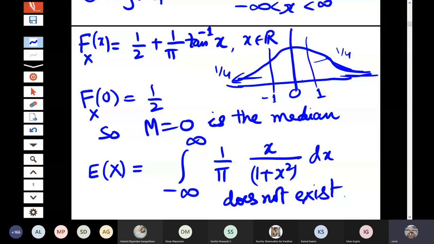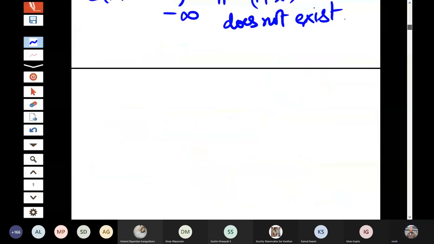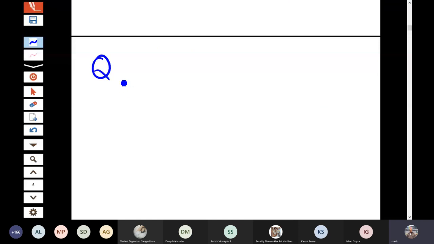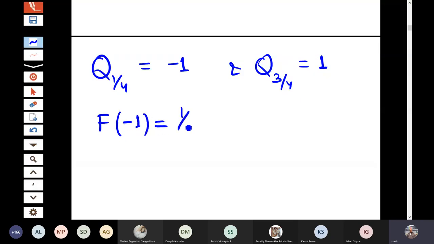So here you get Q of 1 by 4 is equal to minus 1, and Q of 3 by 4 will become plus 1, because F of minus 1 is 1 by 4 and F of plus 1 is 3 by 4. So for this particular distribution, we are able to easily determine all these things.